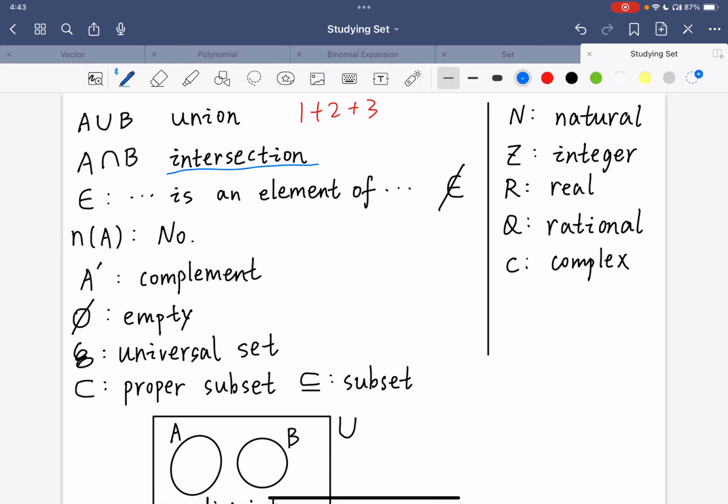Right, and next is this symbol. From my personal habit, I call it "belongs to."